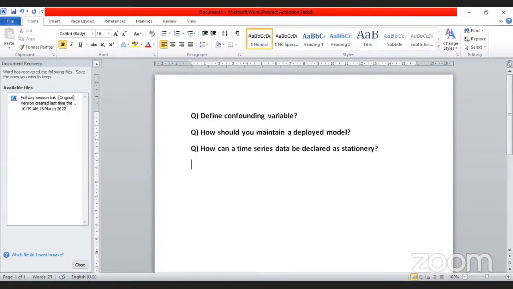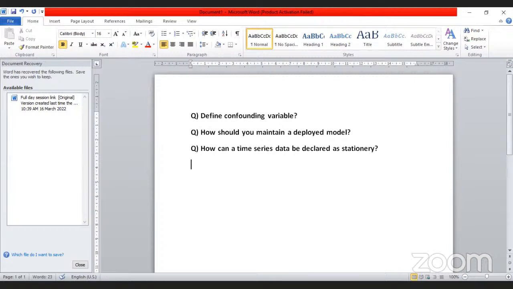Whether data is stationary or not, we can find out with the help of the mean and the variance. If the mean and the variance of the data are constant with time, that means the data is stationary. If the mean and variance are not constant with time, the data is not stationary.